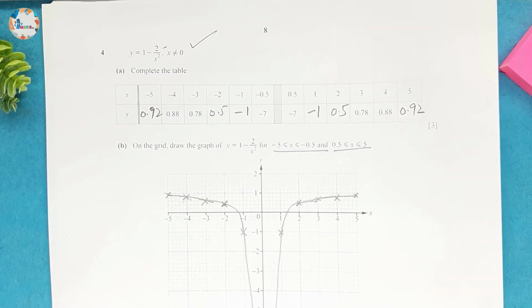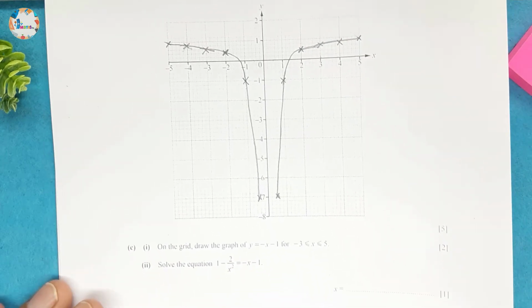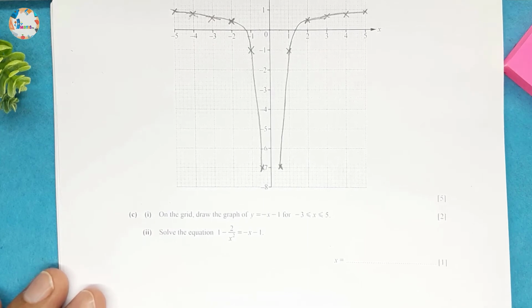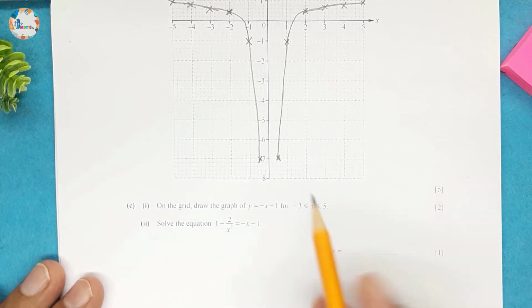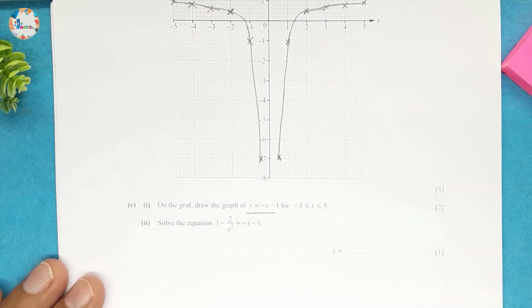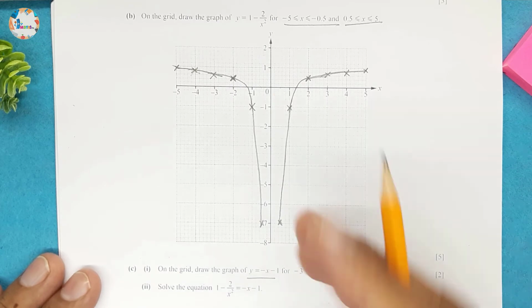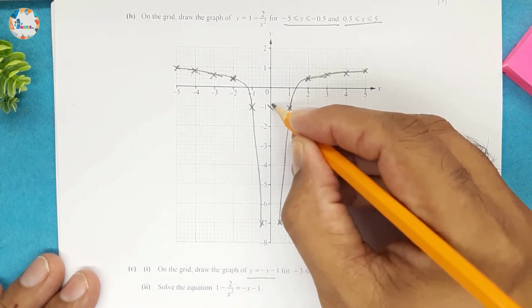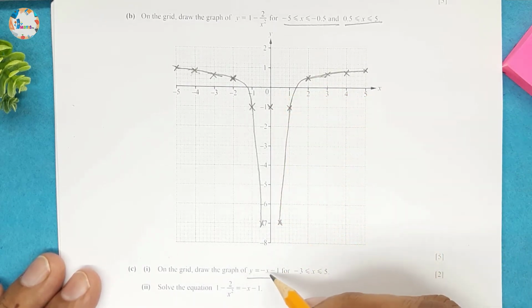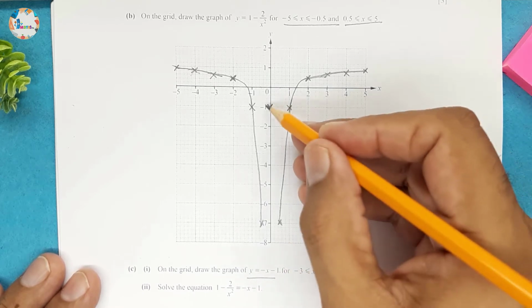Now on the grid, draw the graph of y is equal to -x - 1. So this will be passing through -1, meaning one point is this one. When x is equal to 0, y will be -1, this point.